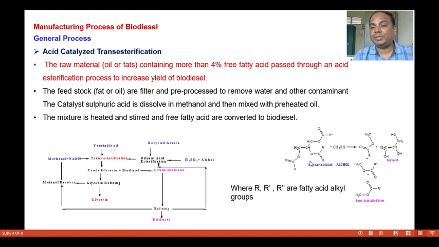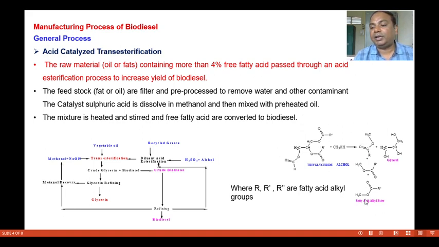So here you can see the chemical reaction. This is a triglyceride, and in the presence of ethanol or methanol, an alcohol, along with the acid, that is sulfuric acid, it is mixed together and heated so that the transesterification reaction takes place.